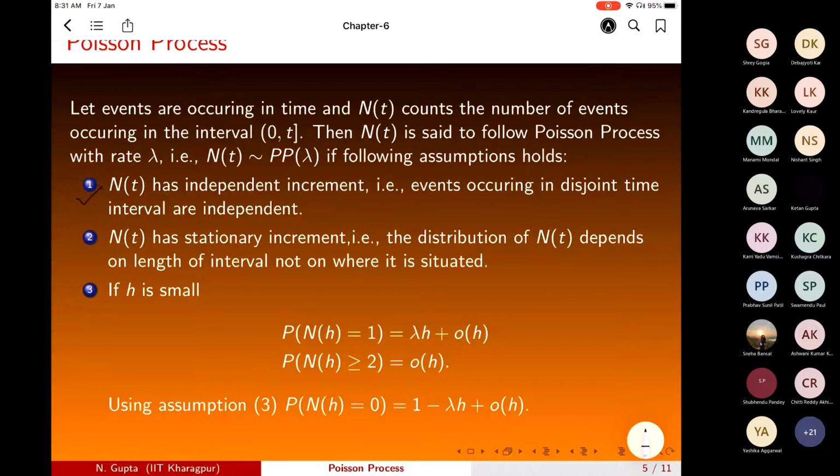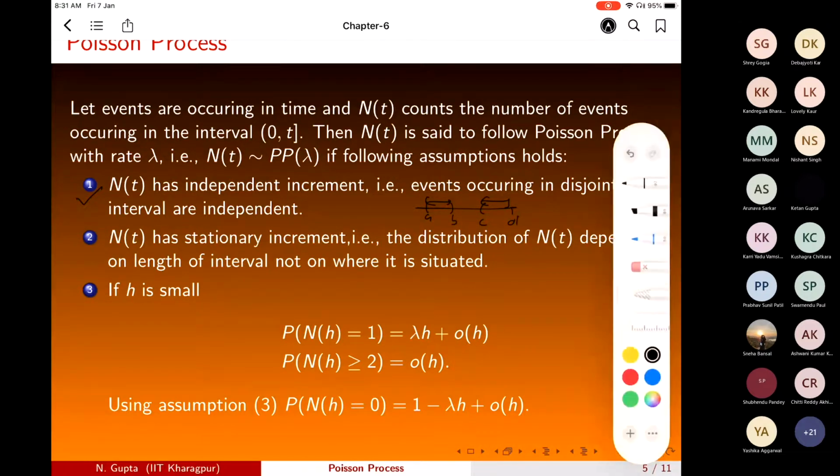Independent increments means events occurring in disjoint time intervals are independent. For example, events occurring in the intervals AB and CD, which are disjoint time intervals, are independent.